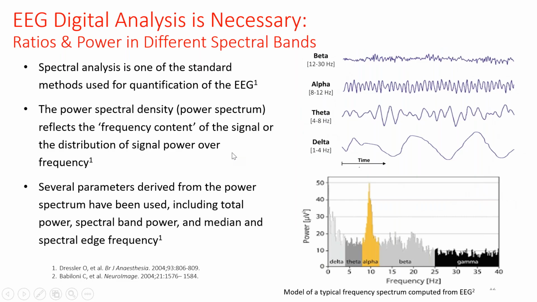So let's start with what is the EEG and what is the power spectrum analysis. The spectral analysis is mathematics that basically takes and filters the EEG signal. If you have a sensor on the scalp, you're going to get different frequencies measured at the scalp on the sensor.